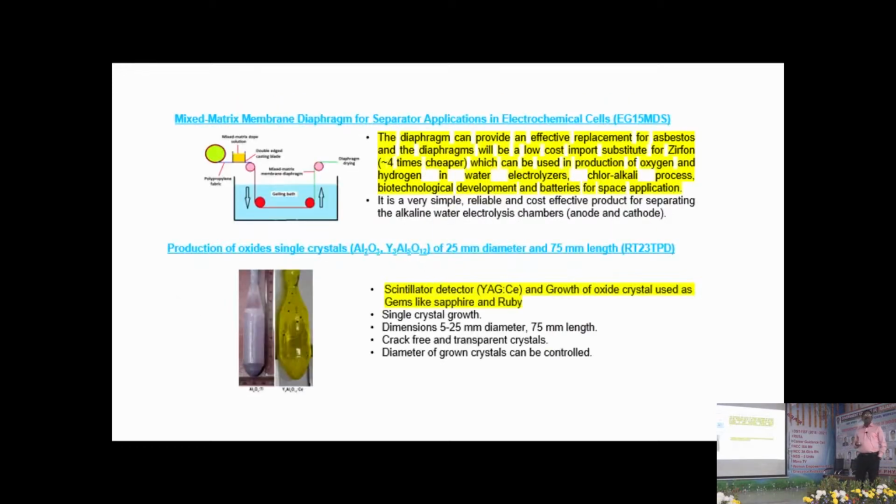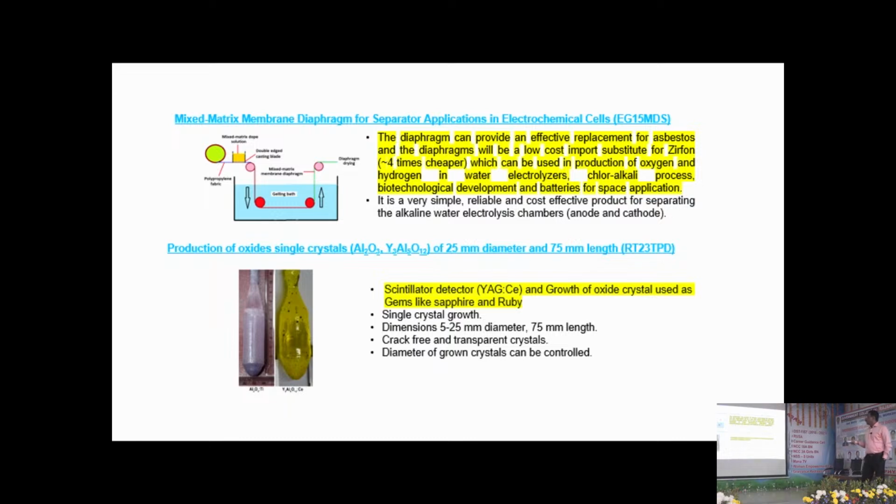Now for hydrogen, various technologies are there. This is a mixed matrix membrane that is available with BARC. Earlier asbestos diaphragms and so on were used. Now asbestos is banned. Now we have developed this technology, and it is very popular, and it can be used in alkaline water electrolyzers.